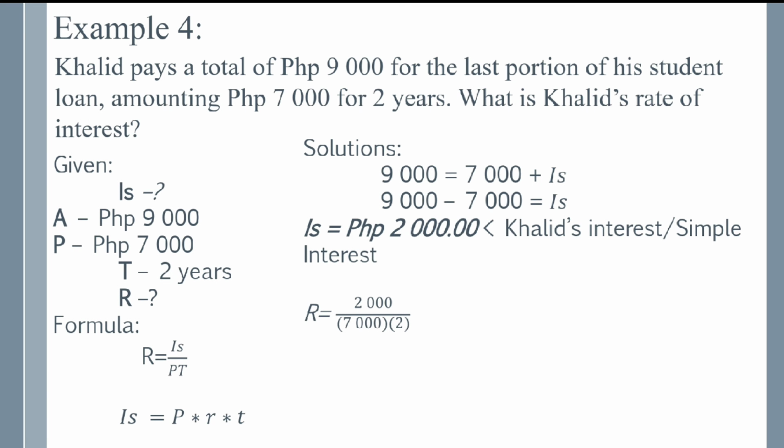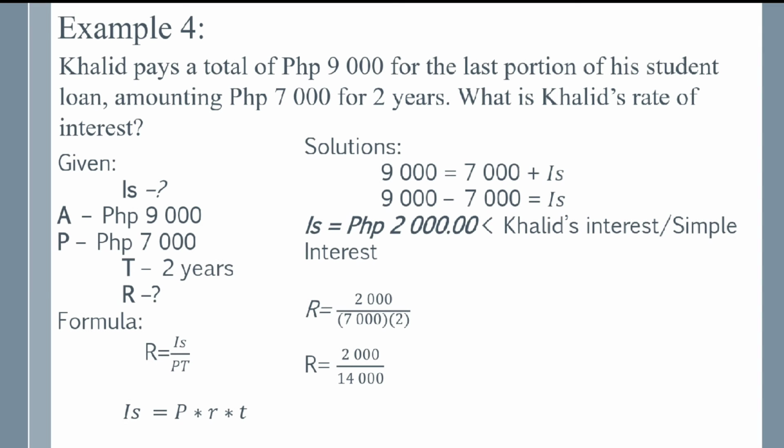Now that we can satisfy the formula for rate, let us substitute and solve. Always remember that the formula of rate is simple interest all over principal times time, and it will be 2,000 over 7,000 times 2, which is 2,000 over 14,000.